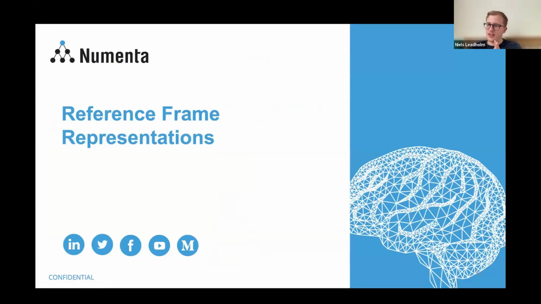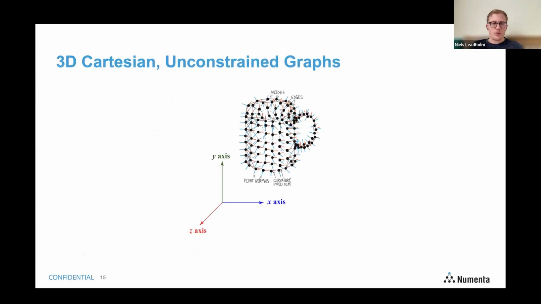So then I think there's one that might be a bit more controversial, because it questions what we thought a couple years ago we would do long term, the reference frame representations.